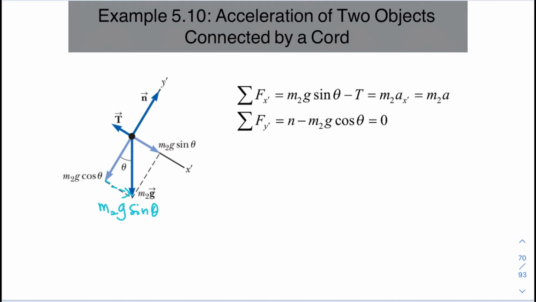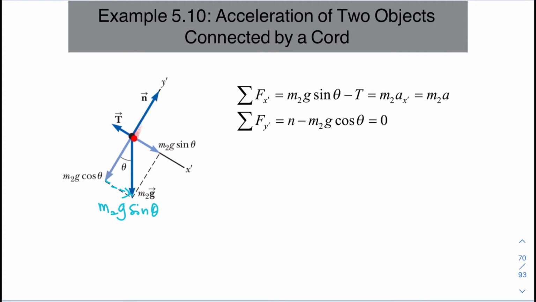So it's the X component, pointing to the right, to the positive X prime. And then minus T pointing to the negative X prime, equivalent to M2AX prime, or simply M2A.